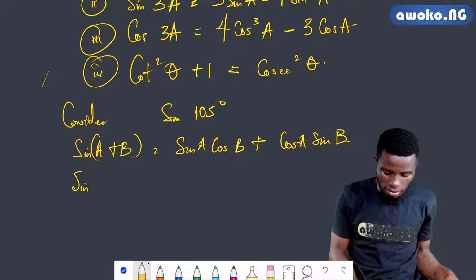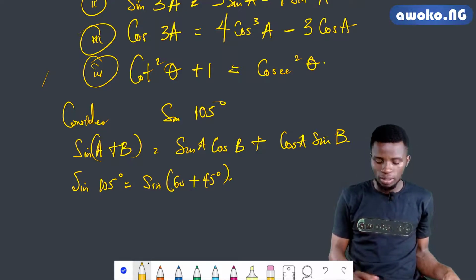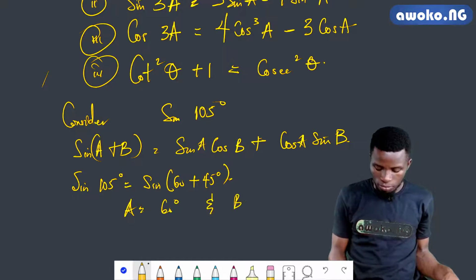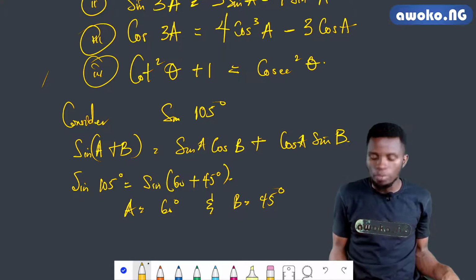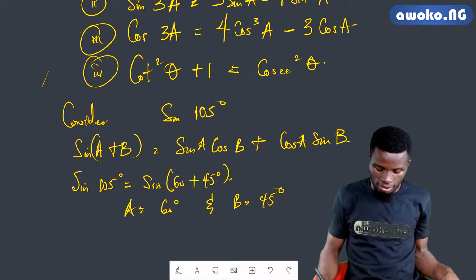We can say sine 105 degrees is equal to sine (60 plus 45) degrees. So let A equal 60 degrees and B equal 45 degrees. It will also give you the same thing if you make A equal to 45 and B equal to 60. You still get the same answer.